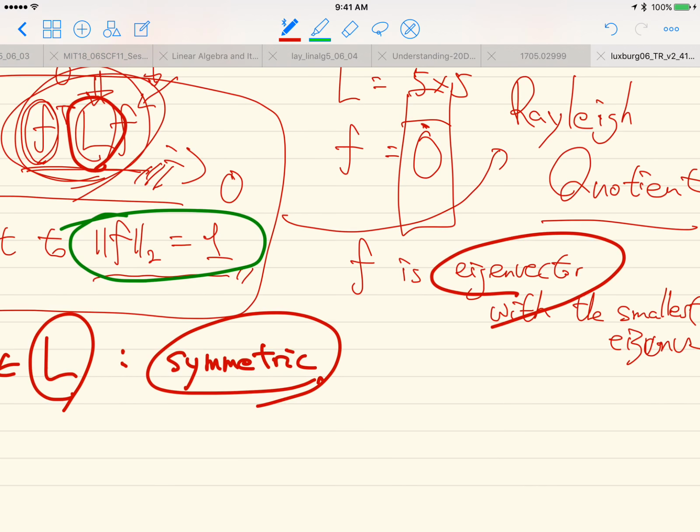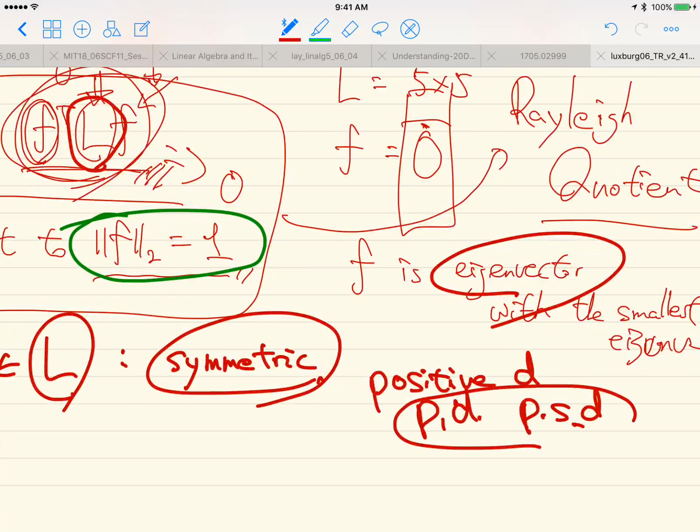And then also symmetric positive definite or positive semi-definite, PD or PSD. That means, in this case, the eigenvalues are non-negative, so you don't have any negative eigenvalues.